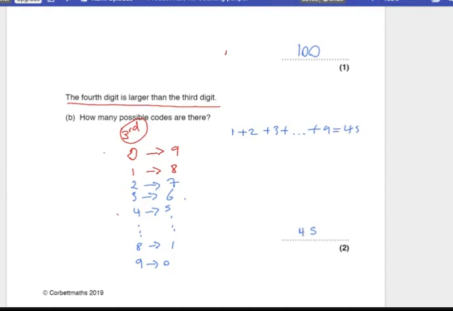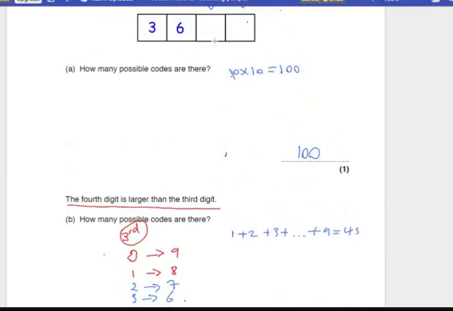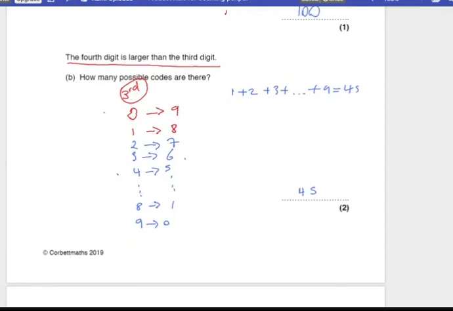Another way it could have been done, I'm just thinking about it, is looking at this first option. There were 100 just for all the possible codes. And then if you think about a 2-digit number, you're going to get 3 cases.